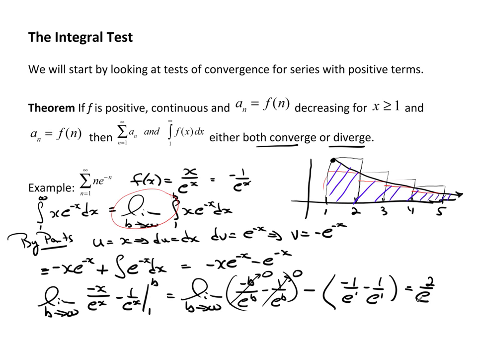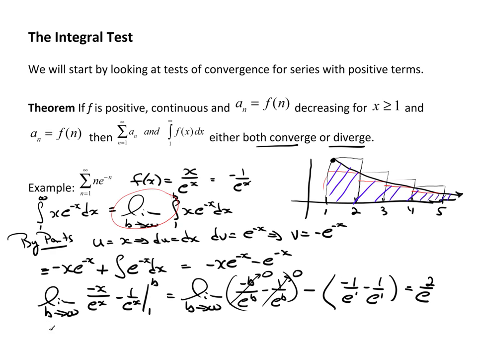Now, what's important here is the fact that 2 over e is a number. Okay? So it didn't blow up. And when I say it's a number, it's not infinity. So the area under the curve for this particular curve is finite.